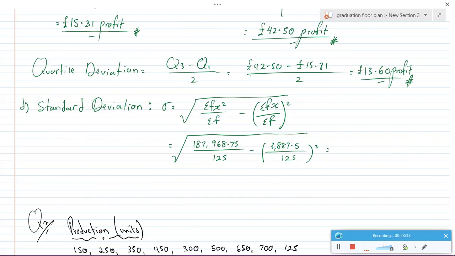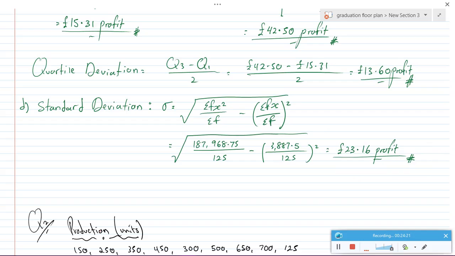Now we're going to repeat the same step again for the median. Let's go back to the M here. Now we choose a different color. What color do you want? Purple. Okay, let's choose purple. For the median, total F divided by 2, which is 125 divided 2. How much do you get? 62.5.